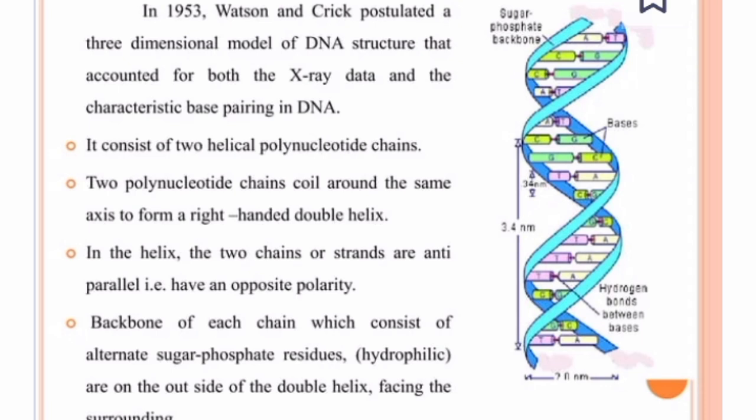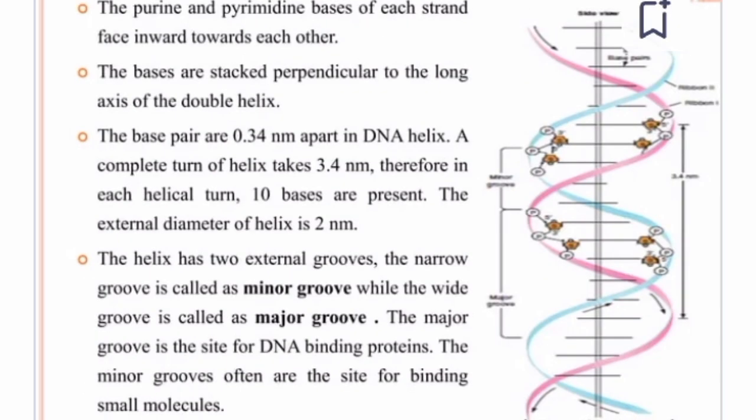Just compare this with two parallel adjacent roads carrying traffic in opposite directions. The width of a double helix is 20 angstrom, that is 2 nanometers. Each turn or pitch of the helix is 34 angstrom with 10 base pairs. Each base pair is placed at a distance of about 3.4 angstrom.